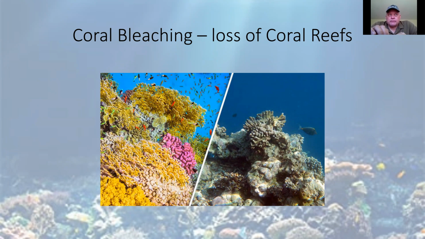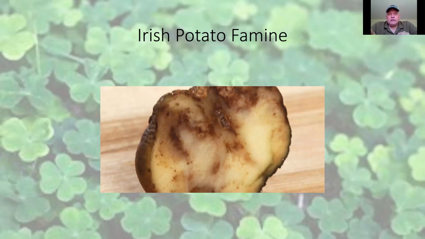Could just be pollution. Pollution is not a pandemic. Pandemic is a disease that is caused by some sort of microorganism. So coral bleaching is a widespread problem that's killing a lot of coral. Is it a pandemic? Maybe.